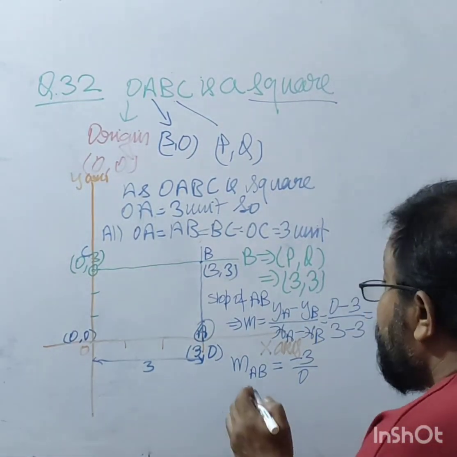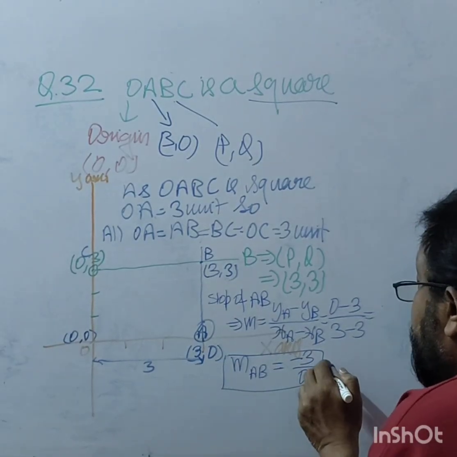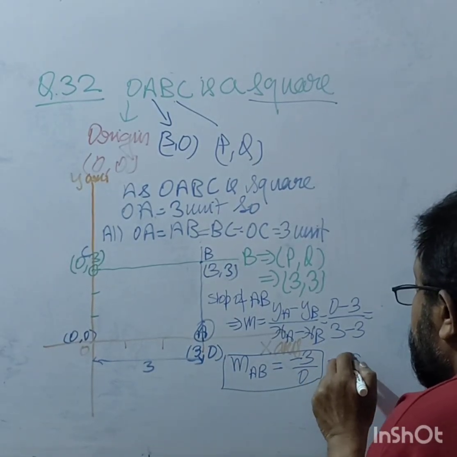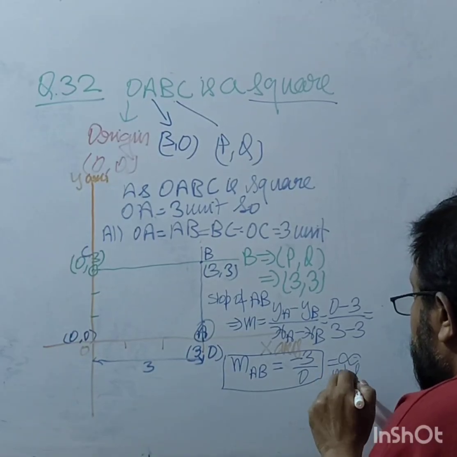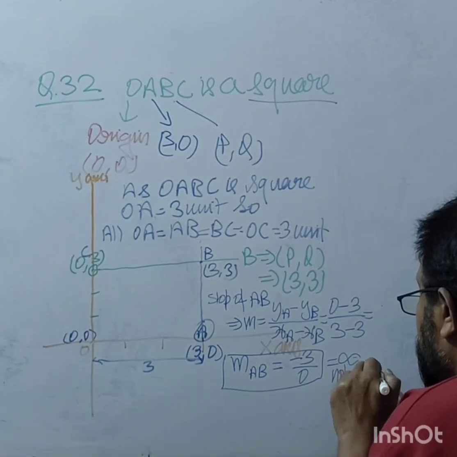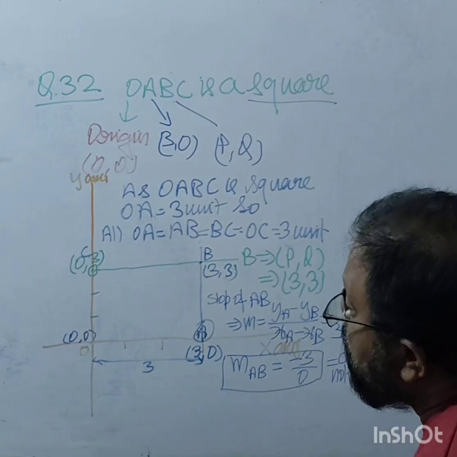This will be the slope of AB. Actually it is not defined. But we won't do this now.